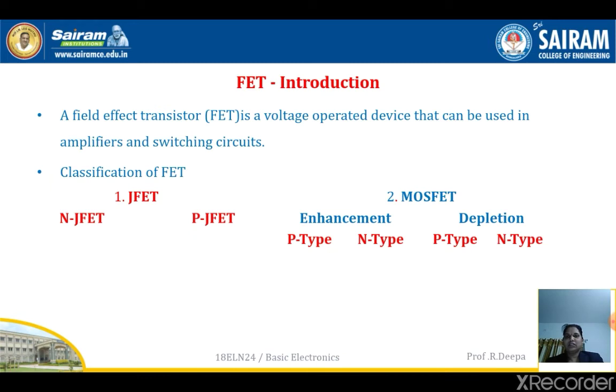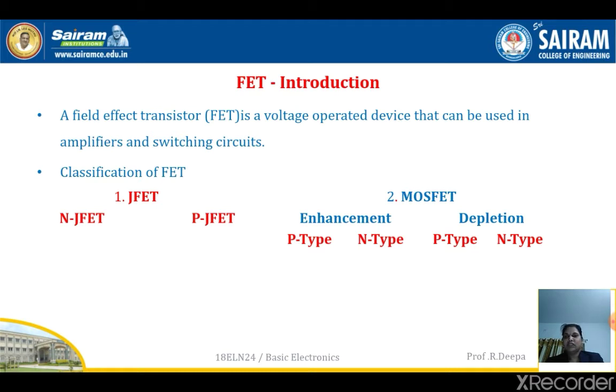So let us start with the field effect transistor. What is a FET? It is a voltage operated device and can be used in amplifiers and circuits. There are two different classifications of FET: JFET, that is junction field effect transistor, and MOSFET, metal oxide semiconductor field effect transistor.